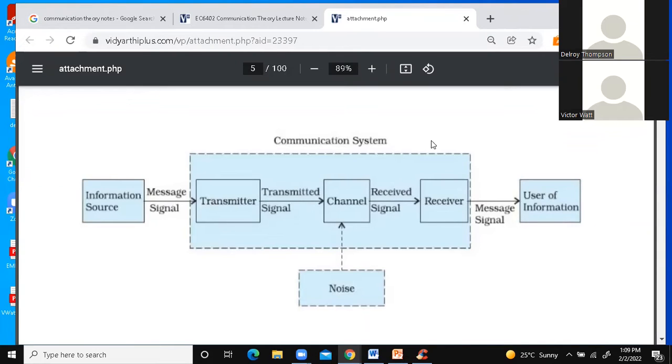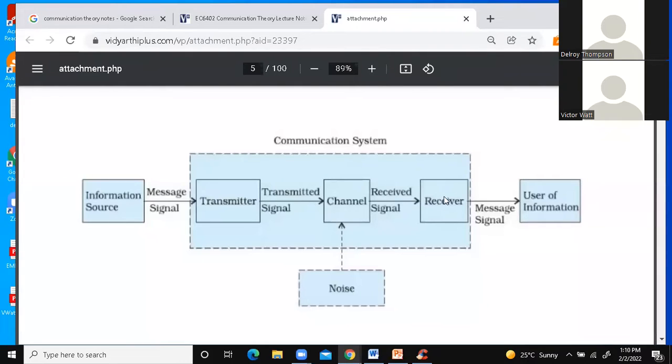So this is your communication system. It consists of three major components: a transmitter, and then once this is transmitted, it has to travel through some medium. And this medium is called the channel, to get to a receiver.